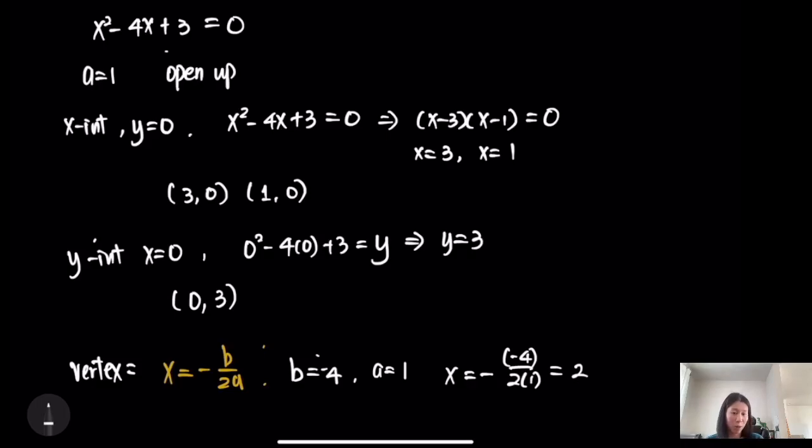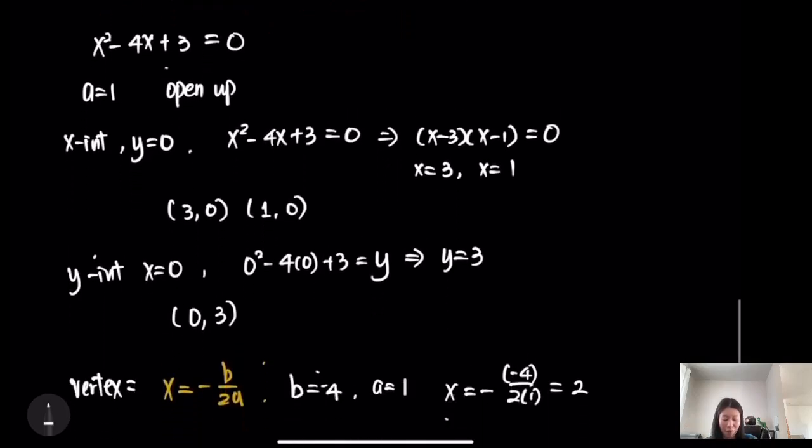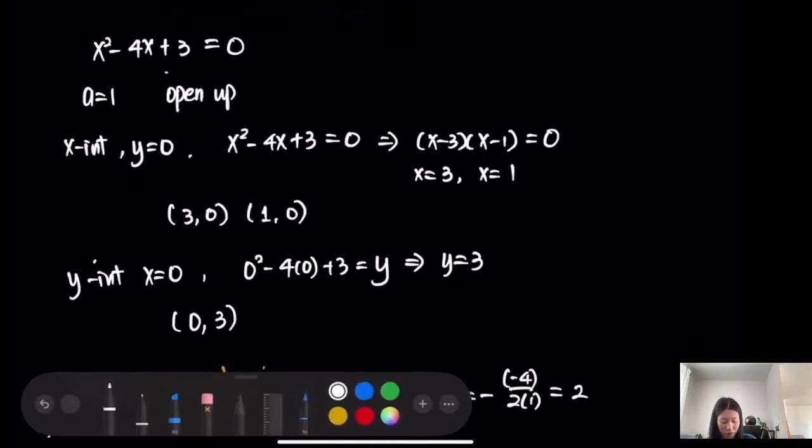We still need to find the y-coordinate. If we already know the x-coordinate, what I'm going to do is substitute the x-coordinate into the function. Then we'll be able to find y. I'm sorry, here should be y, not 0.